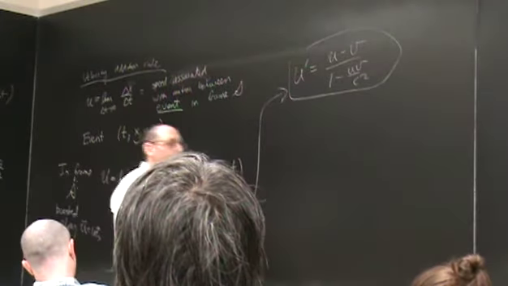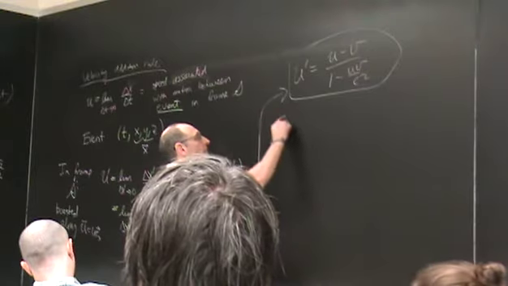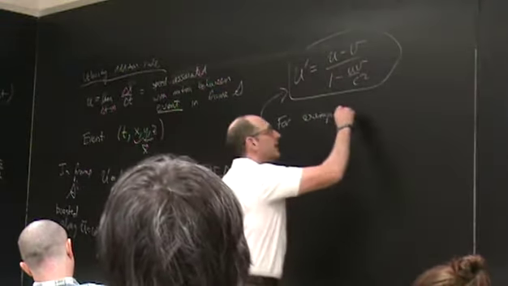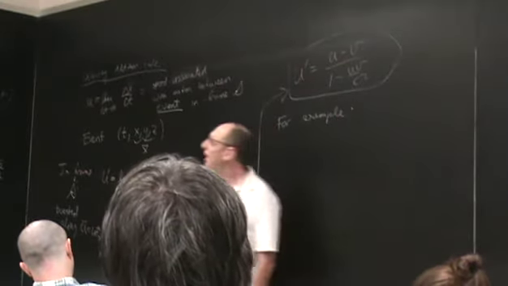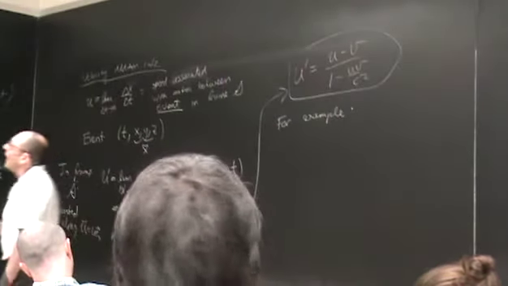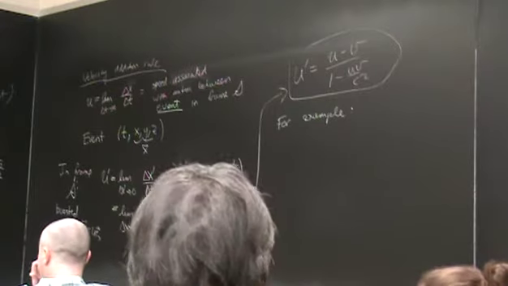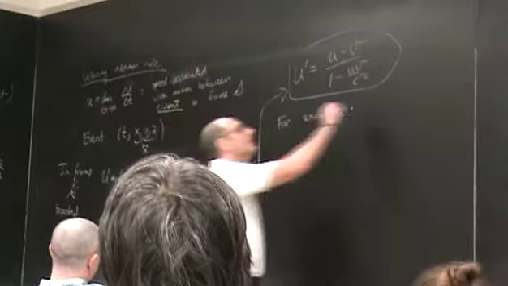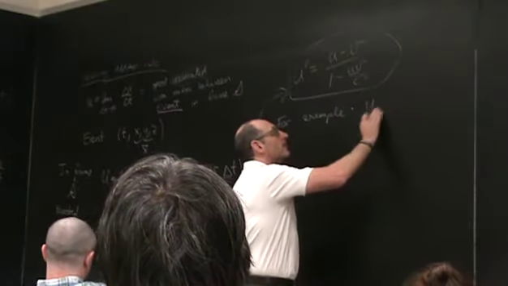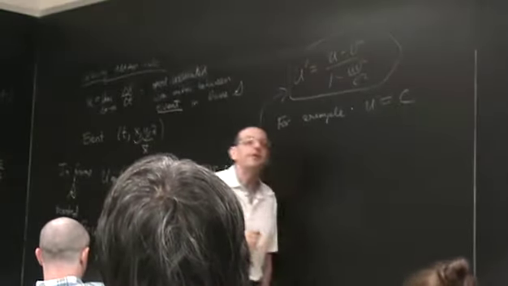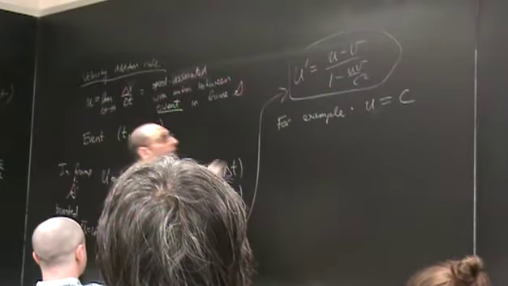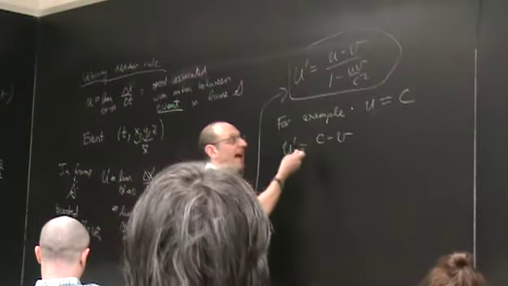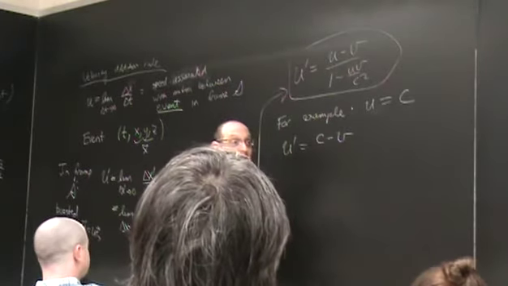So in particular, for example, if the two events are separated by something moving at the speed of light, that's to say, if the event is the motion of that spherical wavefront, so that u equals c, well then u prime is c minus v, which is what you would have in Galilean relativity.